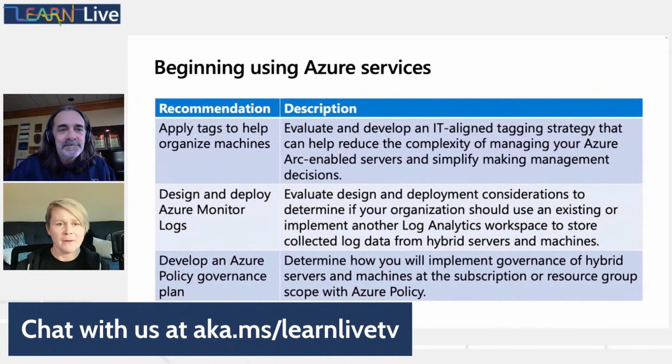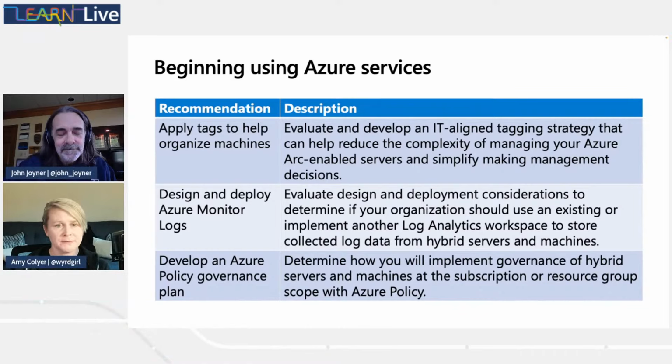So I do want to get to the knowledge check so people can collaborate with us. So we already said apply tags to help organize. You can use logs or Log Analytics workspace to collect data to help you do your update management. Azure Policy for governance.